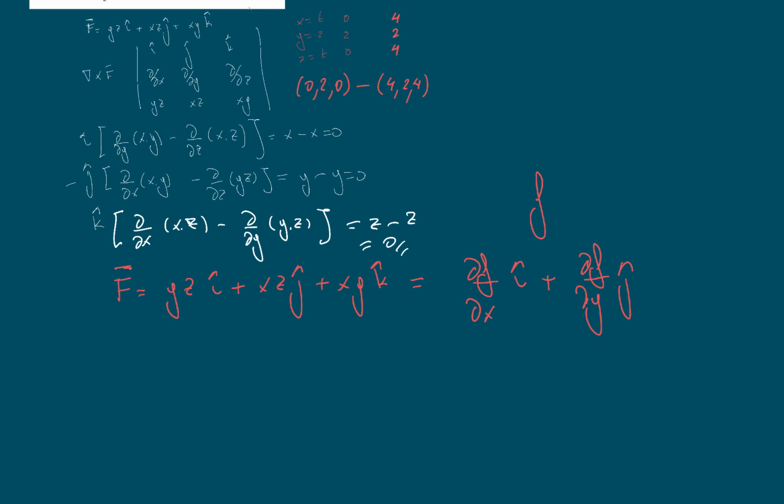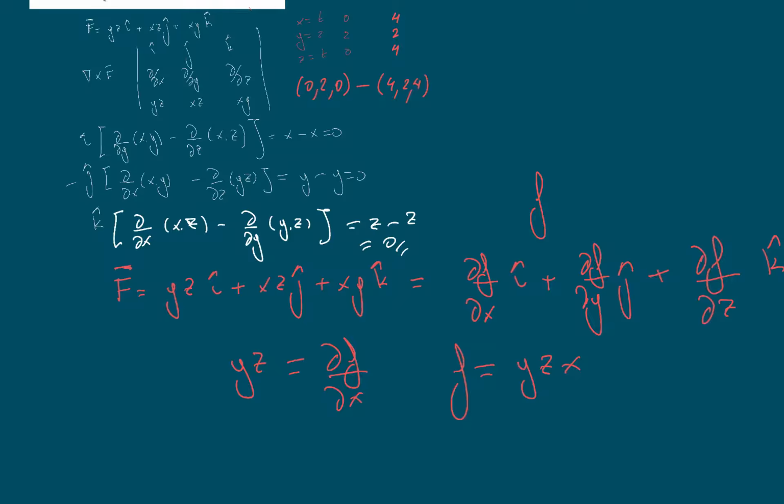So we want to accomplish this equation. Two vectors are equal when the components are equal. So the y times c is the derivative of f with respect to x. So we wonder, who is f? Who is a function whose derivative is y times c? Well, y c x.